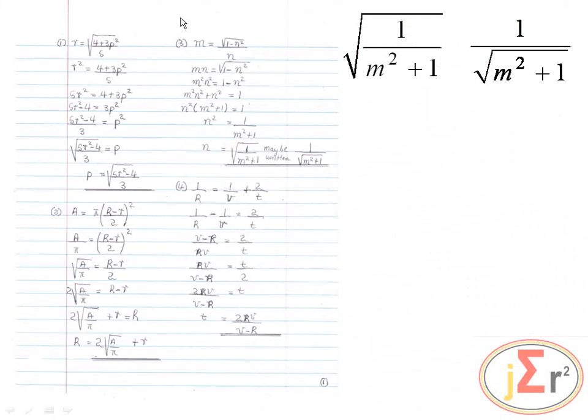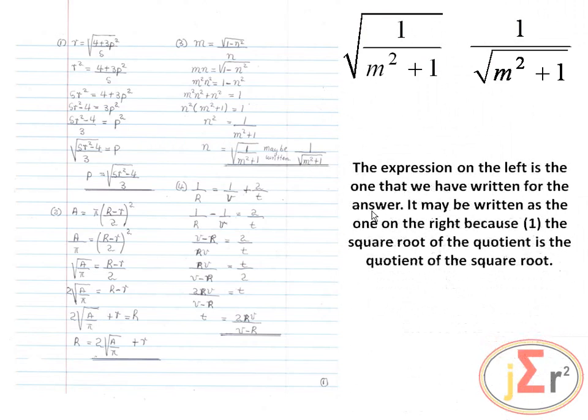And of course we have it written like this and like this, and we are saying both are equal. Well, if we have a single answer written in two forms, it means that those two forms should be equal. The expression on the left is the one that we have written for the answer. It may be written as the one on the right because of two things.